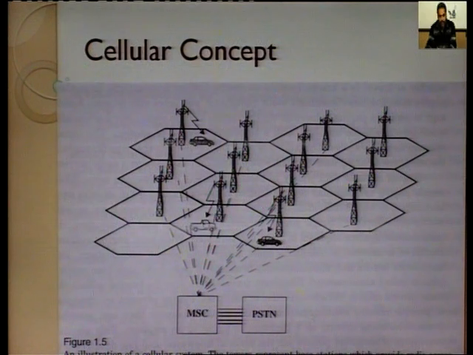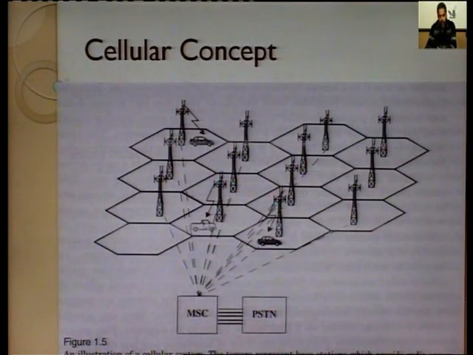This is the main exchange of a mobile system, the main control center. This center is directly linked to all the towers in the cells, and it also links to the PSTN. PSTN means public switched telephone network, that is, our basic landline telephone network.